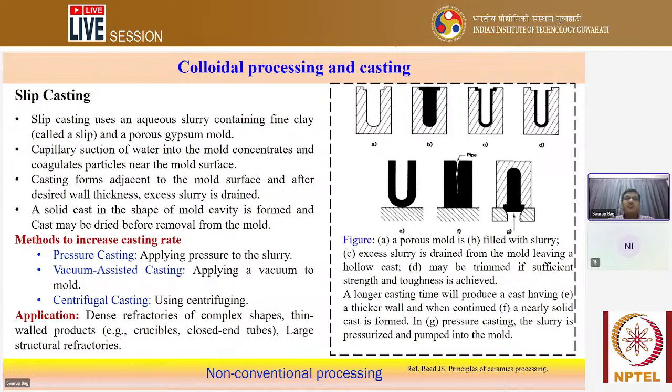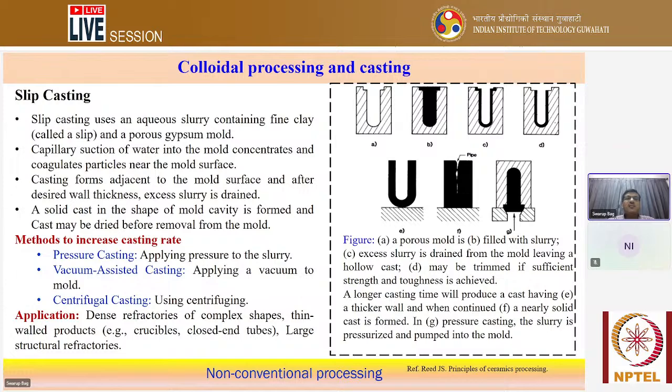The processing technology for ceramic materials is a little different, and it is known as the slip casting process. Slip casting is mainly defined for ceramic materials. We make a slurry using very fine ceramic powders, or very fine clay, which is known as the slip.